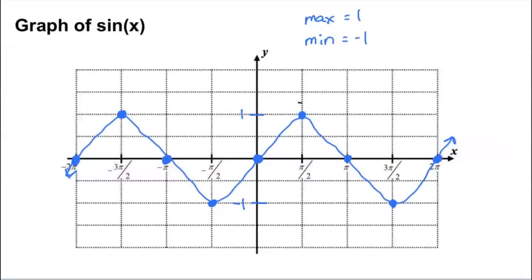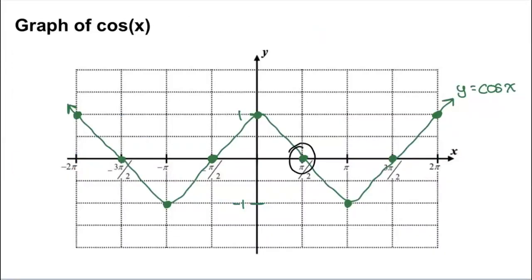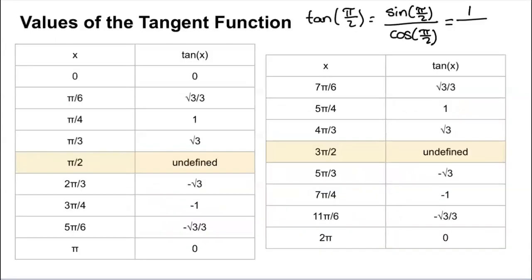At pi over 2, sine is 1. This is 1 over, at cosine of pi over 2, it's 0. So 1 over 0. When we divide any number by 0, that is trouble. That is going to land us in undefined, and we're going to see how that corresponds in our tangent graph.